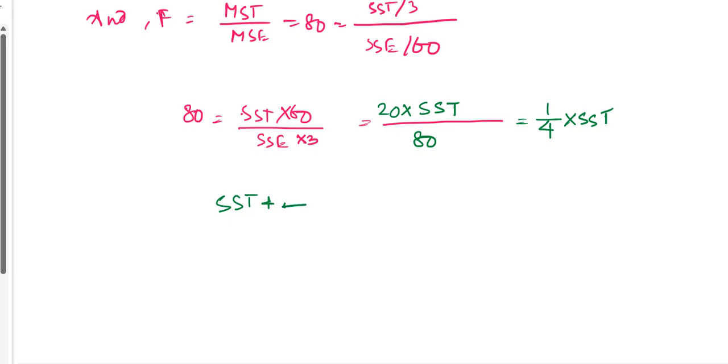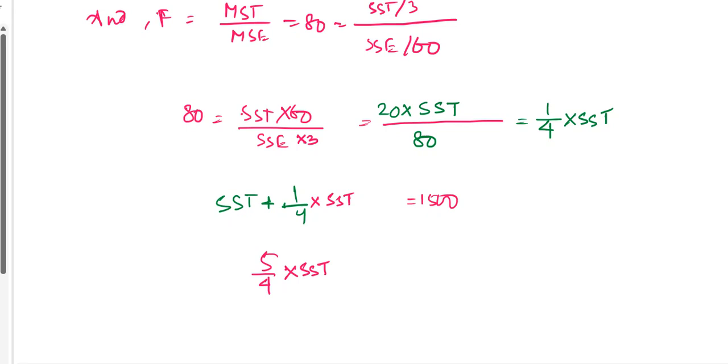Now substituting back into the total sum of squares, that is SST plus 1 by 4 into SST. That means 1500 is equals to 5 by 4 into SST.